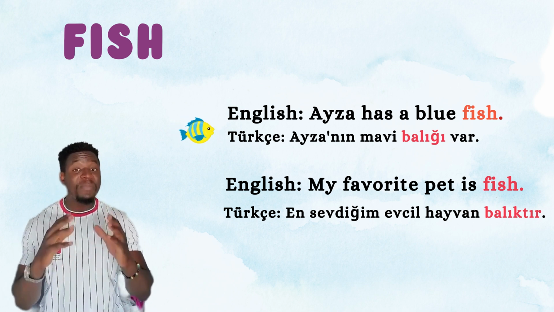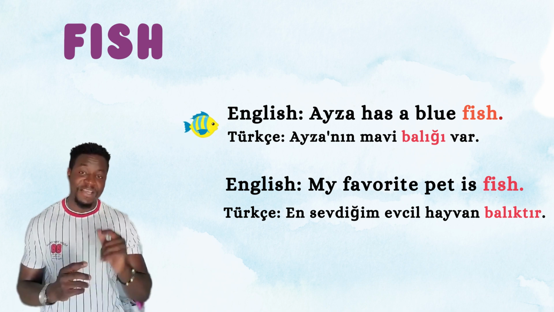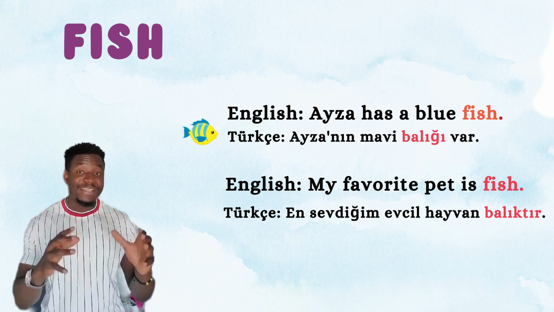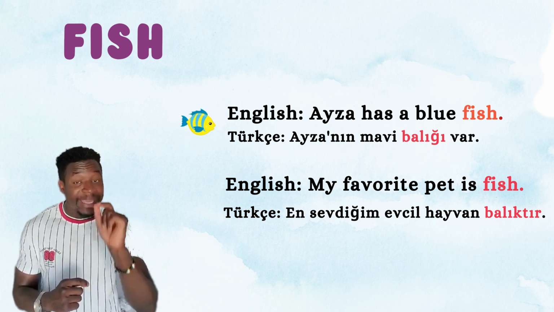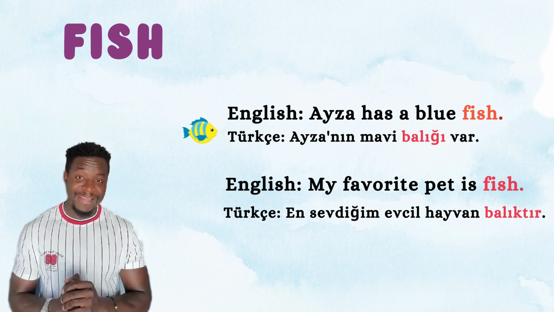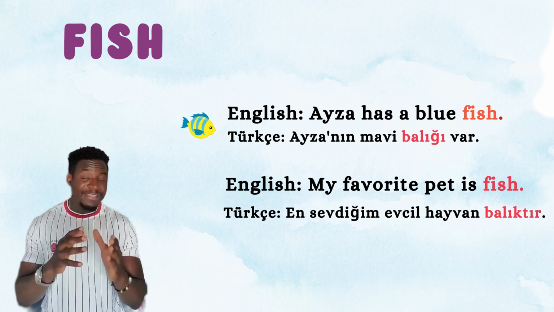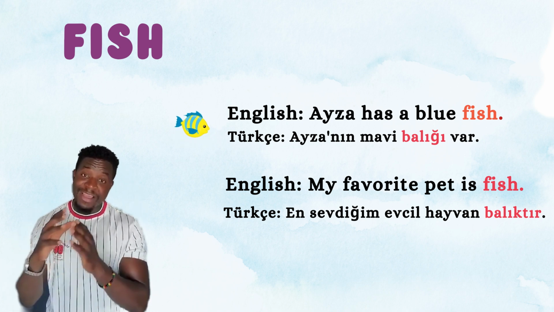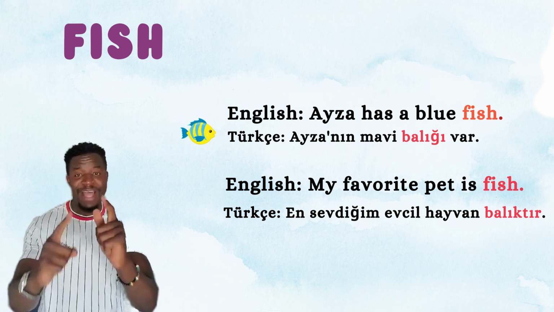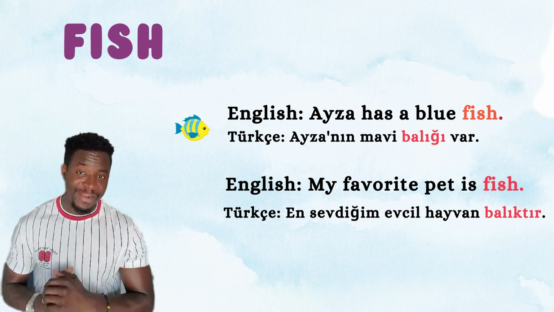Aiza'nın mavi balık var. In Turkish, it is Aiza'nın mavi balık var. All right? So that is an example in both English and the Turkish language. You get in there. Great.